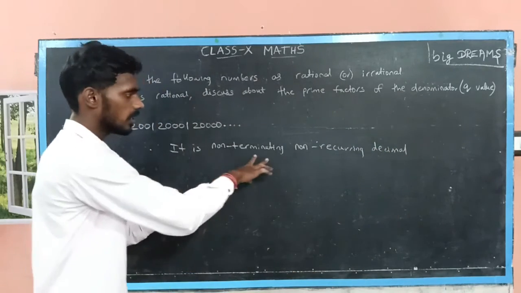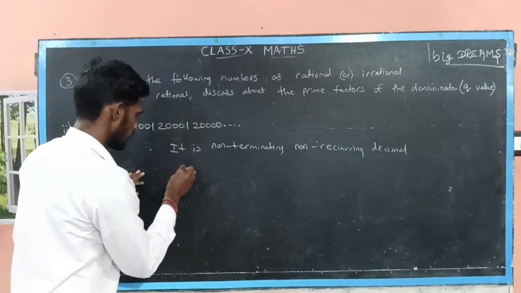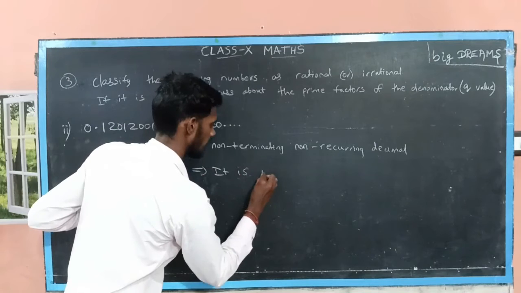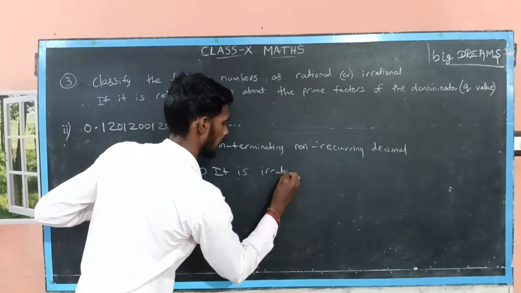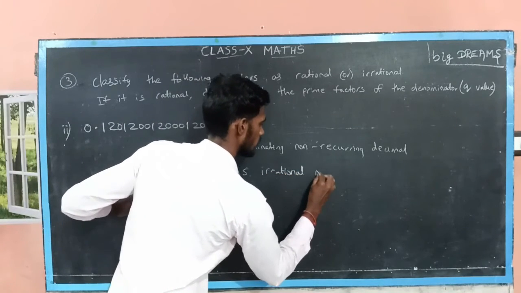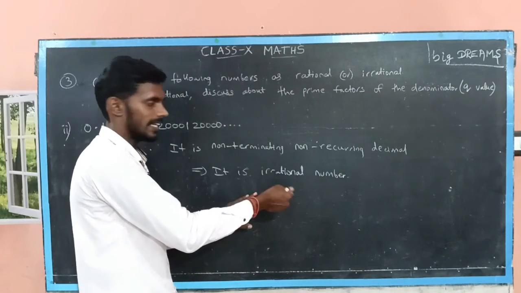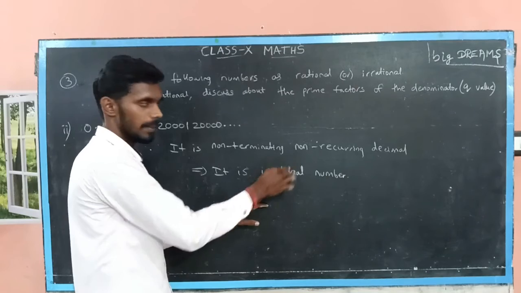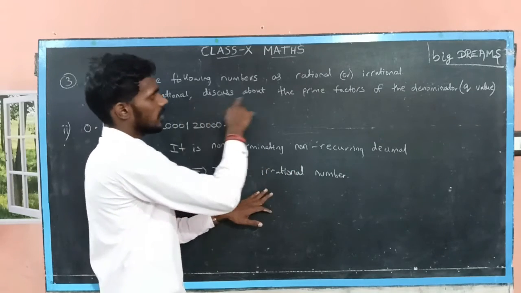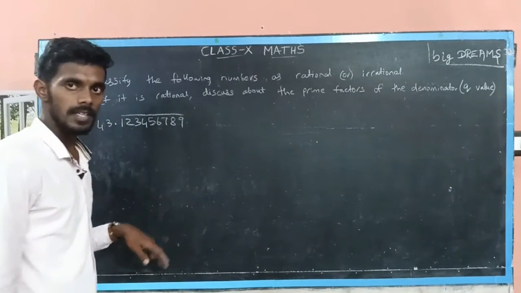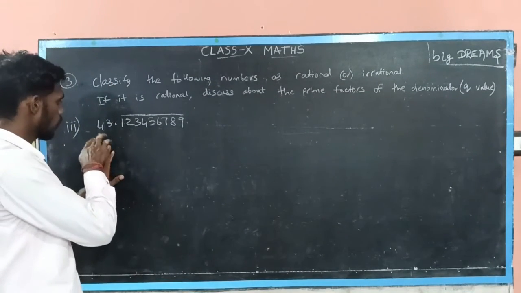So if it is non-terminating, non-recurring, it is an irrational number. So if it is an irrational number, it cannot be expressed in the form p by q. So we cannot discuss the prime factors of the denominator. Okay. Next, the third subdivision, see here.